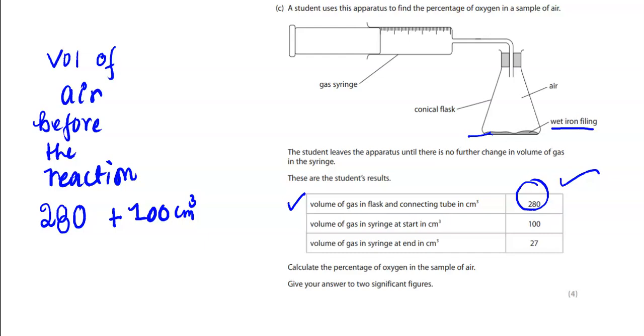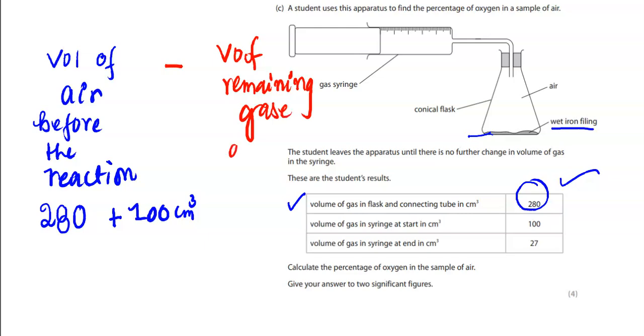When the reaction starts, what happens? Oxygen from the air is being consumed by the iron filings, reacting with them and making rust, and we are left with remaining gases. So we can write here volume of remaining gases after the reaction, right?